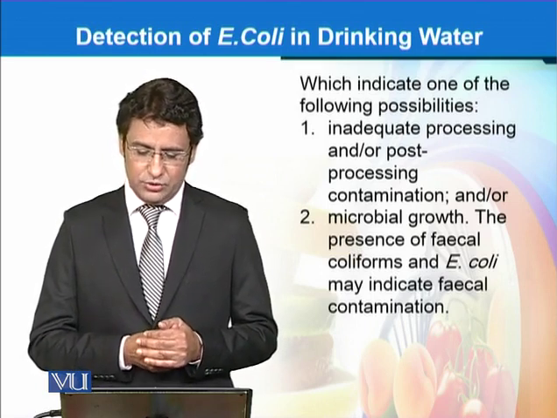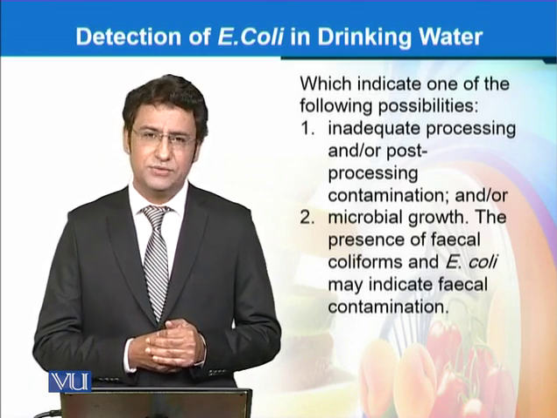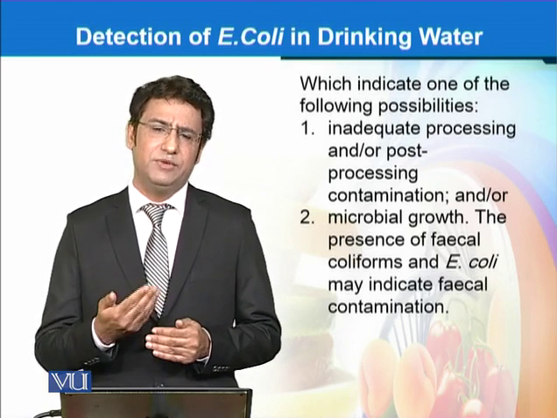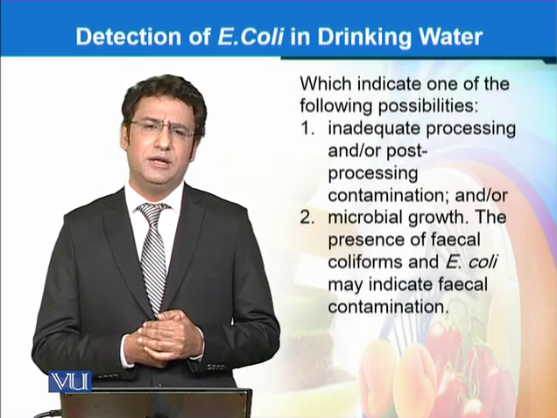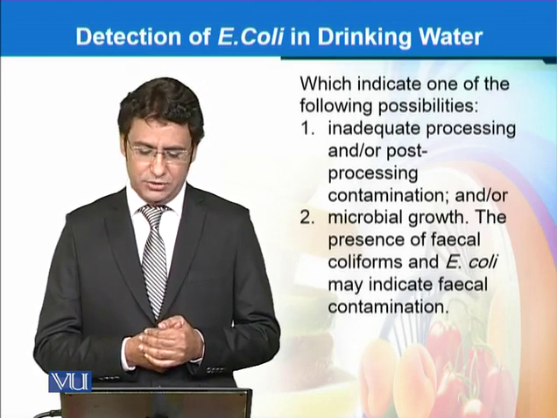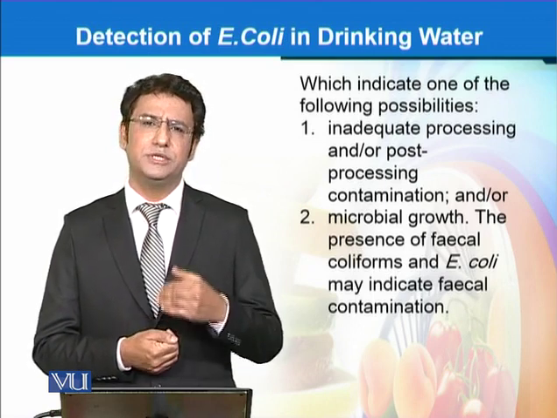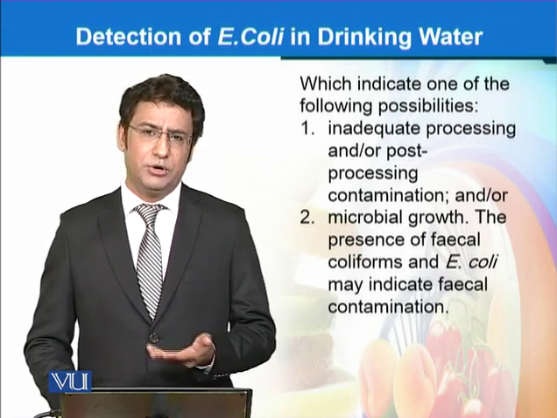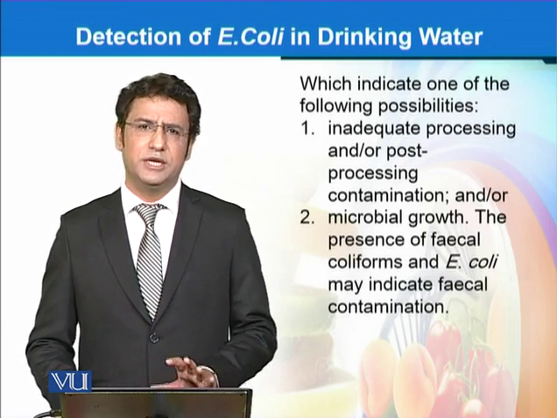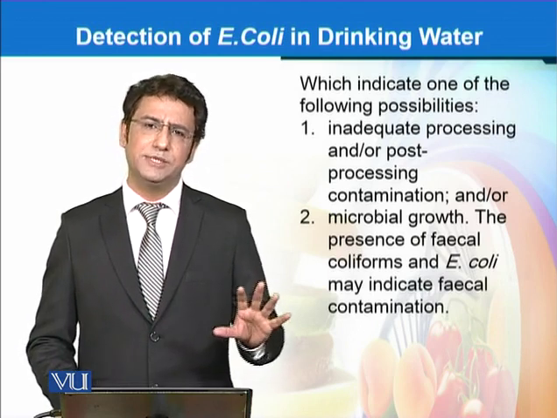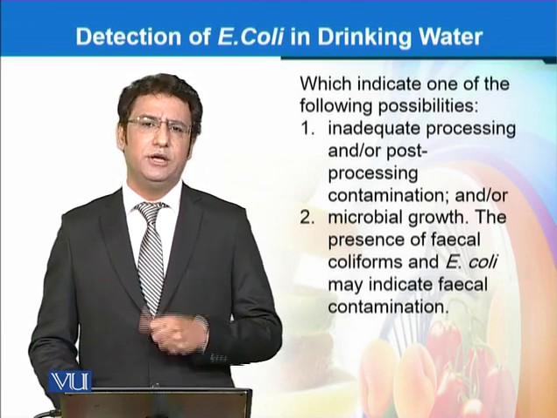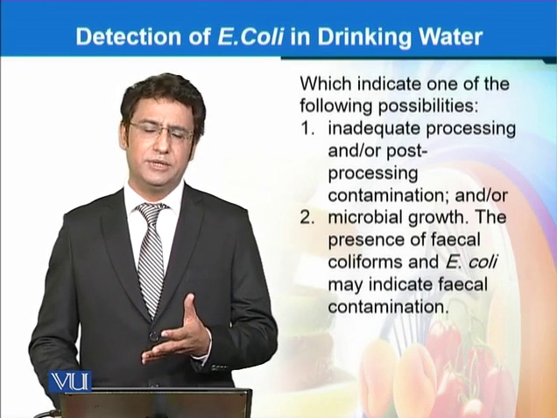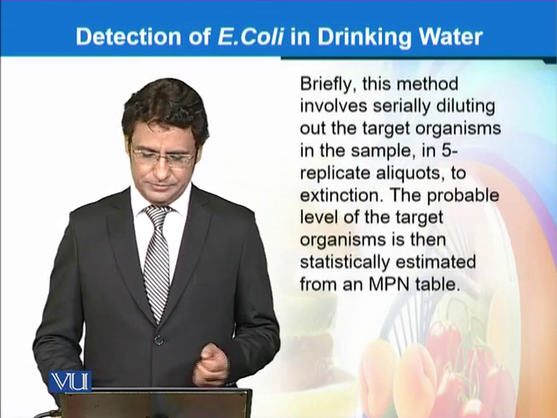Another thing is the growth of microorganisms. If we have fecal coliforms, that may tell us that the food has been contaminated and microbial growth is taking place within a specific food. So this is the importance of indicative microorganisms: they let us know that there has been some problem in processing or handling of food, and that is why they are present in certain foods.